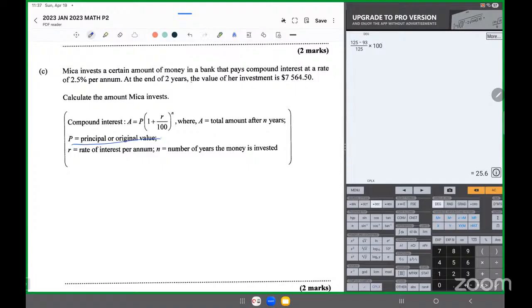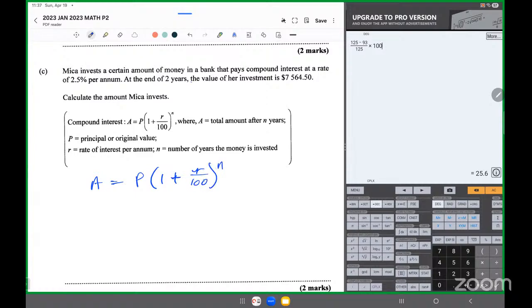So this is what we're trying to find in this question, the P. And the amount accumulated is A. That's the compound interest formula. So in this question, we're trying to make P the subject. So if you have A equals P times 1 plus R over 100 raised to the N.